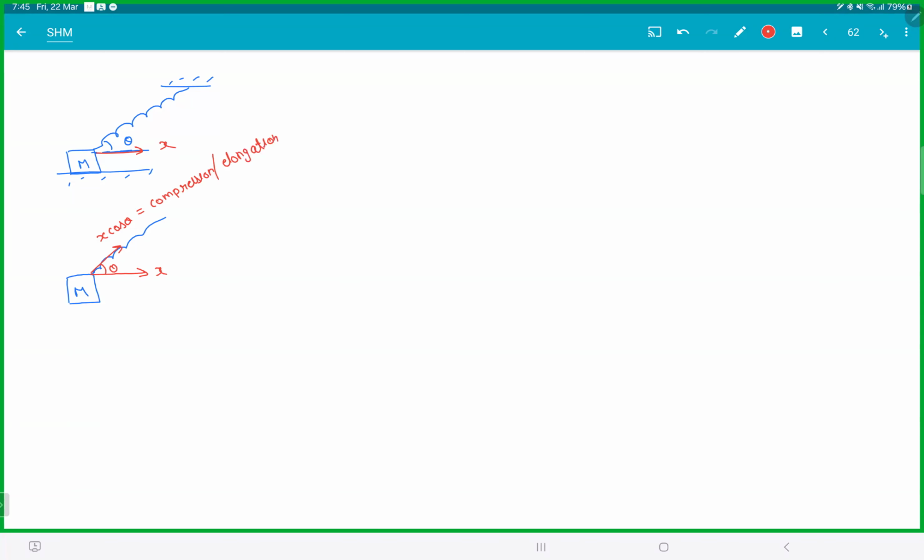So if you try to draw the FBD of this now, the spring is pulling with Kx cos theta. But you want the force in the horizontal direction. So the horizontal component will be K cos square theta into X. So you can replace this whole setup with a block and a spring whose K equivalent is K cos square theta.